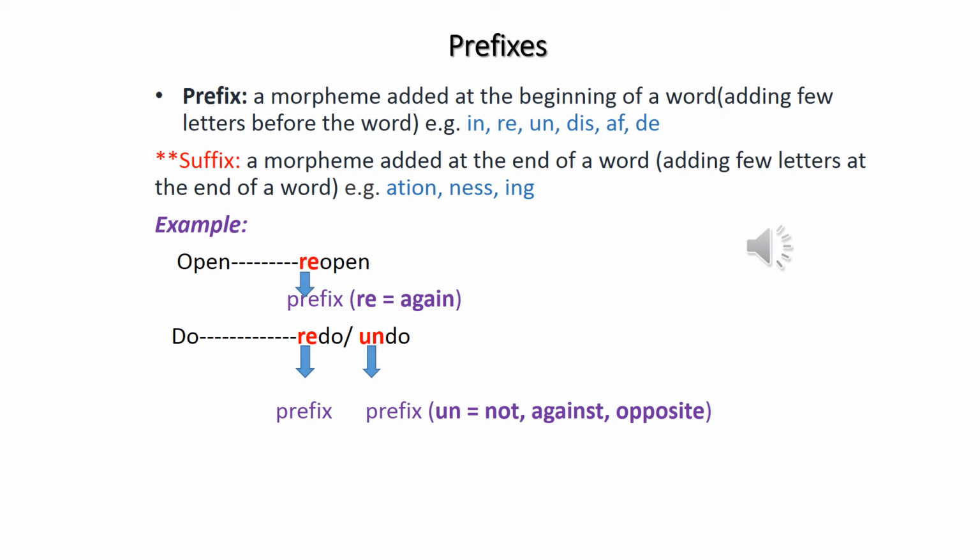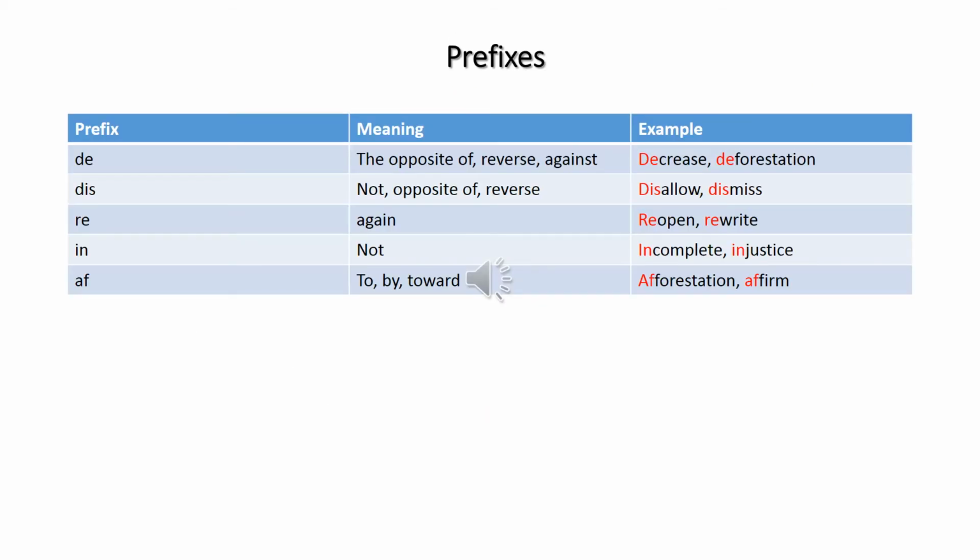Let's go to the second slide with more examples about prefixes. As you see in this slide, we have a table with more prefixes, the meaning of each prefix, and examples of each. Let's start with the first prefix.